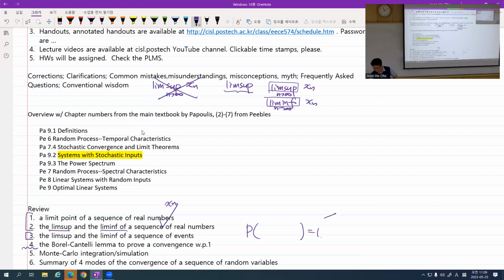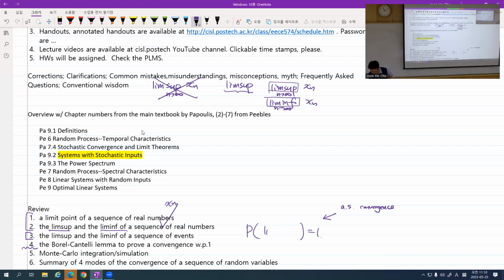So this is useful in showing almost sure convergence. Of course, the Borel-Cantelli lemma is not always used to prove almost sure convergence. However, if you want to prove almost sure convergence and the proof is not trivial, in many cases you rely on the Borel-Cantelli lemma.